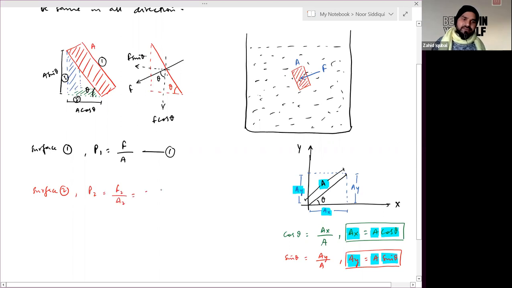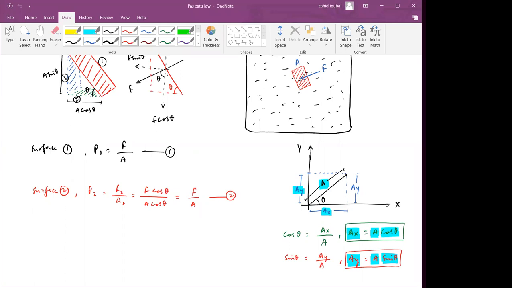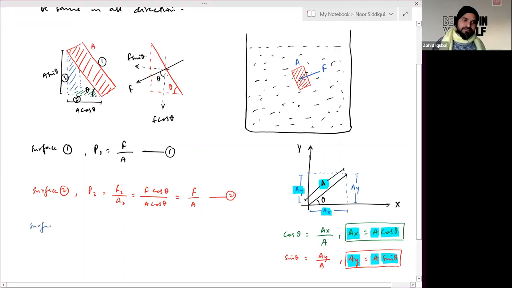Force we have F cos theta and area A cos theta. Cos theta and cos theta cancel out, so you're left with F by A only. Let's say this is equation 2. Is it clear? Yes, sir. Similarly, for the third part, surface 3, just tell me the amount of force acting and the area of cross section on it.